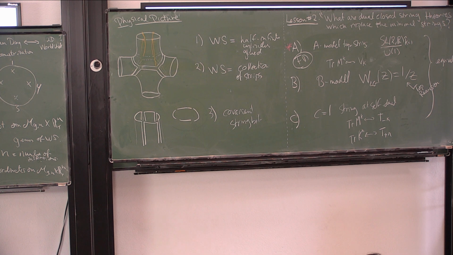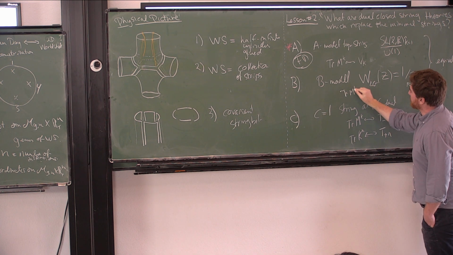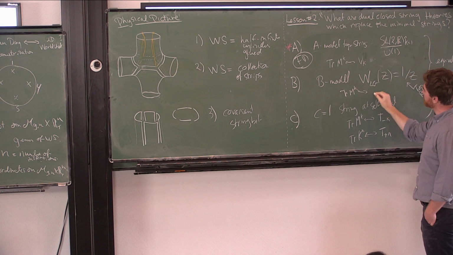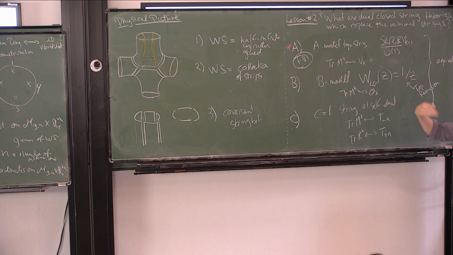Maybe if you've seen some talks on the Virasoro minimal string, this is often one of the tools they use to identify what it's computing. In particular, we have an operator dictionary between trace M to the k and some cohomology classes on M_{g,n}. Not very helpful, but at least that's the natural description that comes out of here.